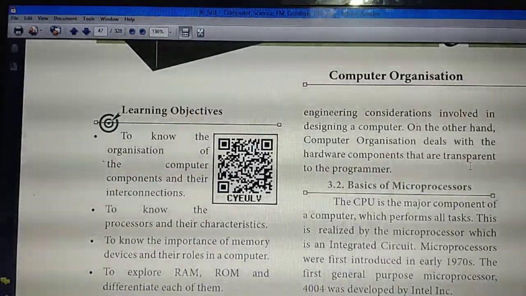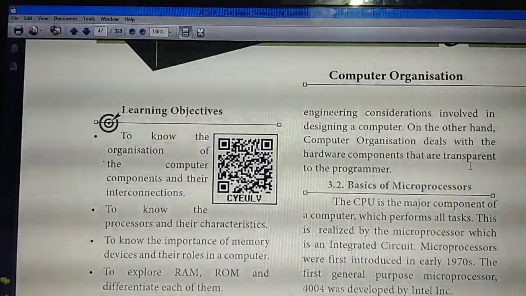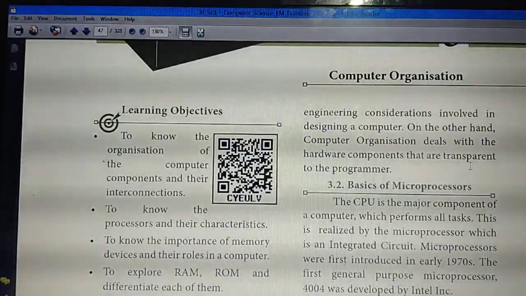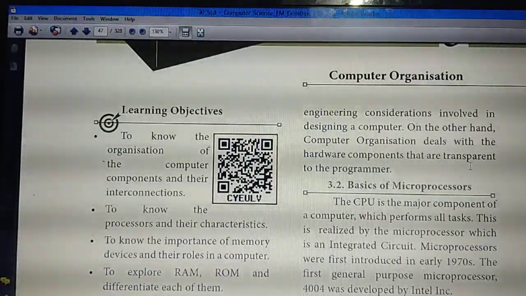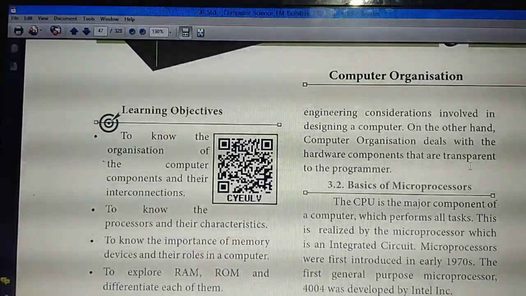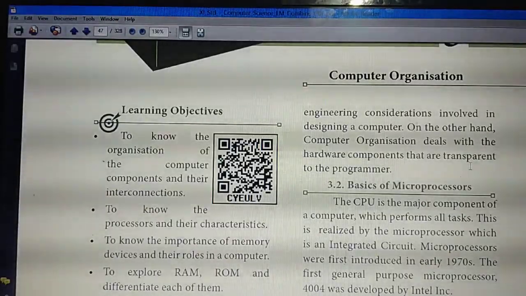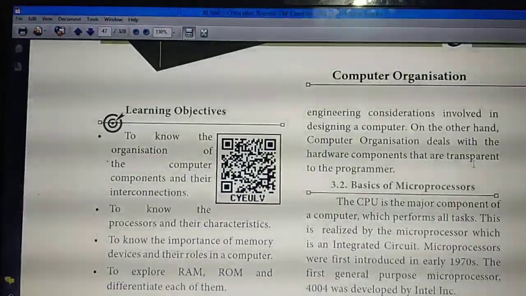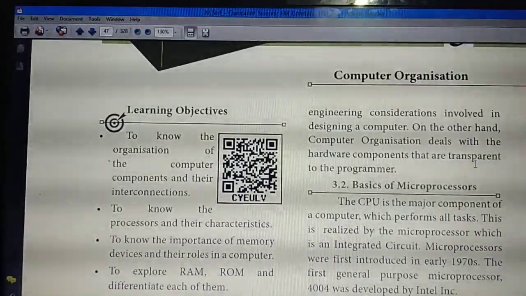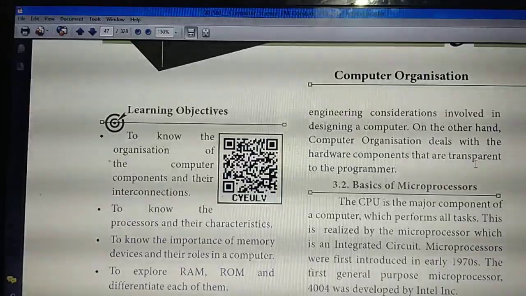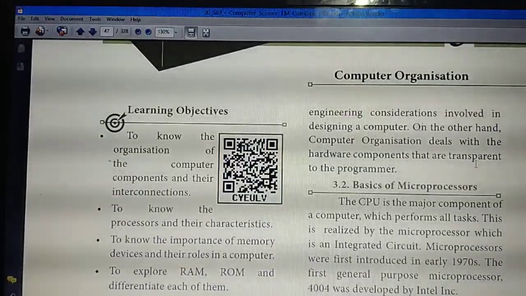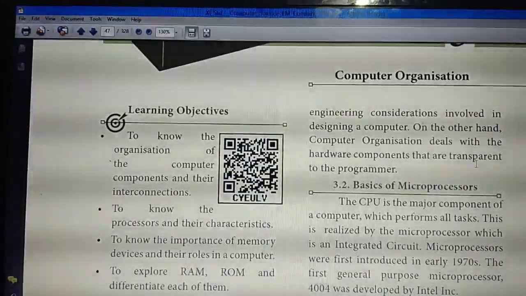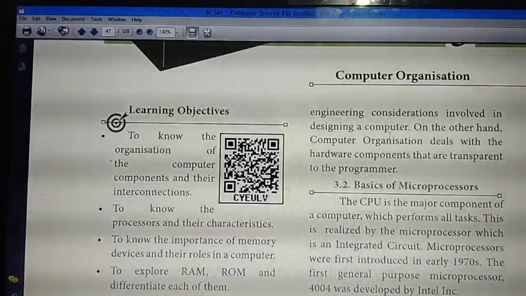So once again I am repeating, programmer view: programmer has to be aware, A-W-A-R-E, aware of which instruction set used. This is the second point for computer architecture.